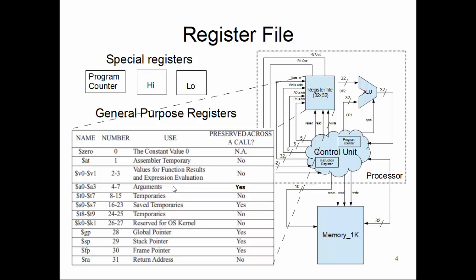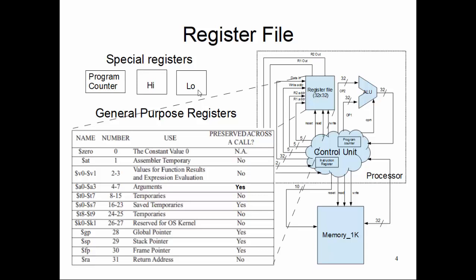Now what is the purpose of high and low? We'll see in the second half of our semester, when we are about to learn binary multiplication and build a digital circuit for binary multiplication, that the result of 32-bit multiplication is 64-bit.